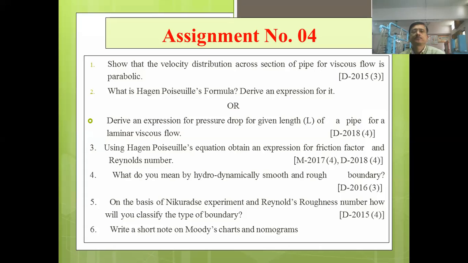Question number 2. What is Hagen-Poiseuille formula or equation? Derive an expression for it.